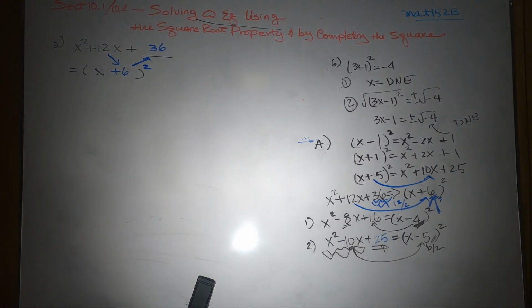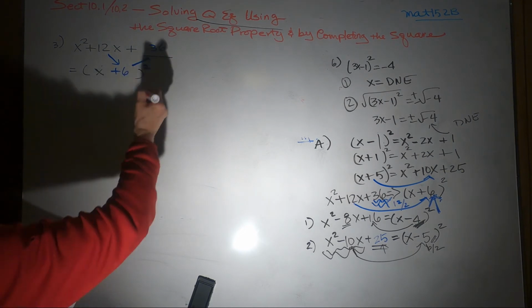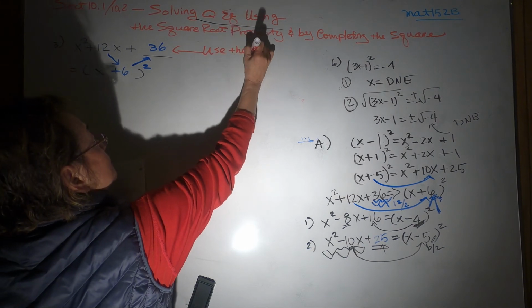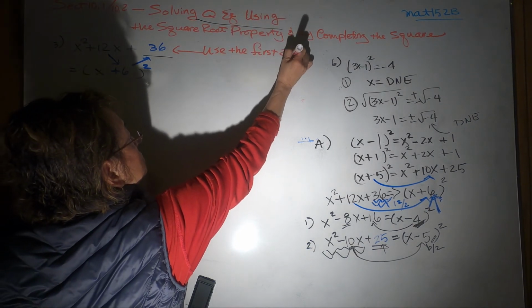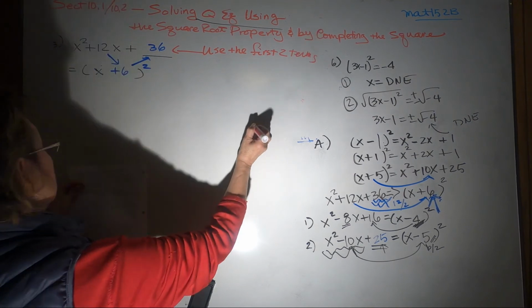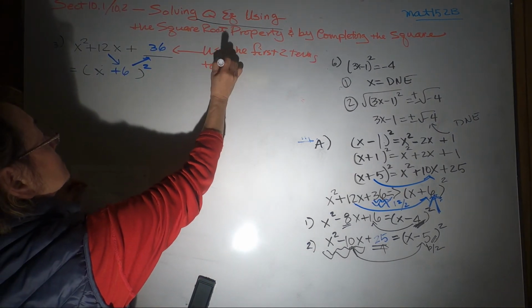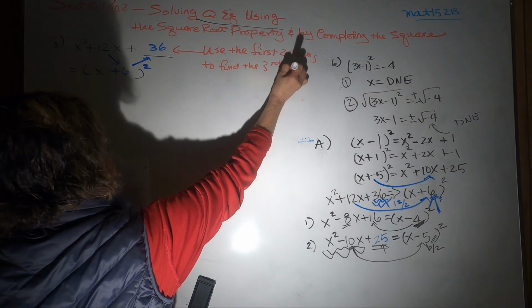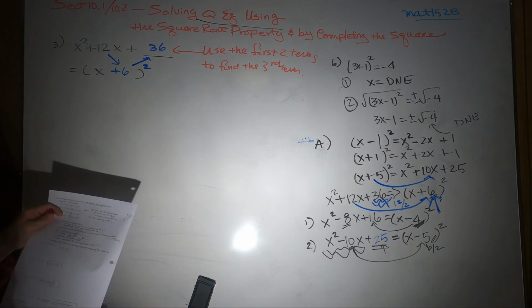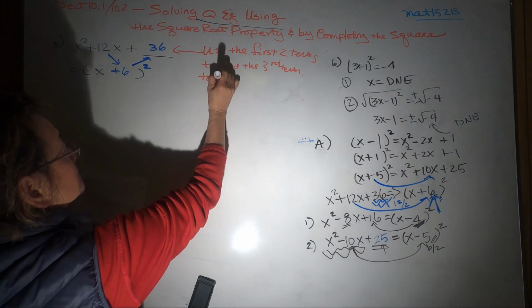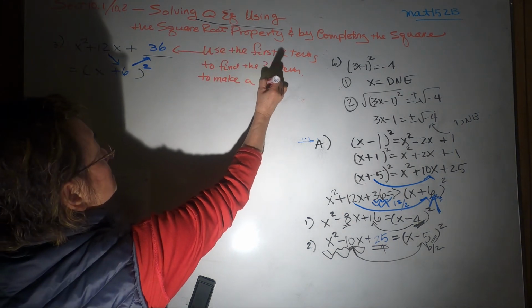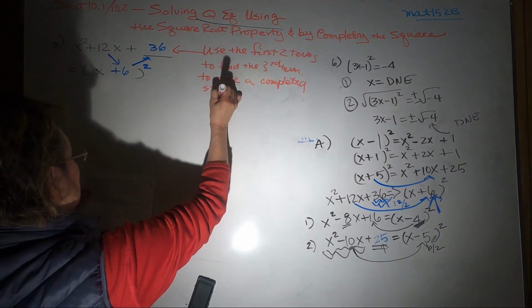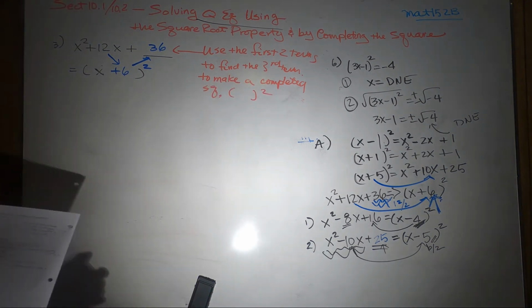So what we do is we use the first two terms to find the third term to make a complete square. Something squared, right?